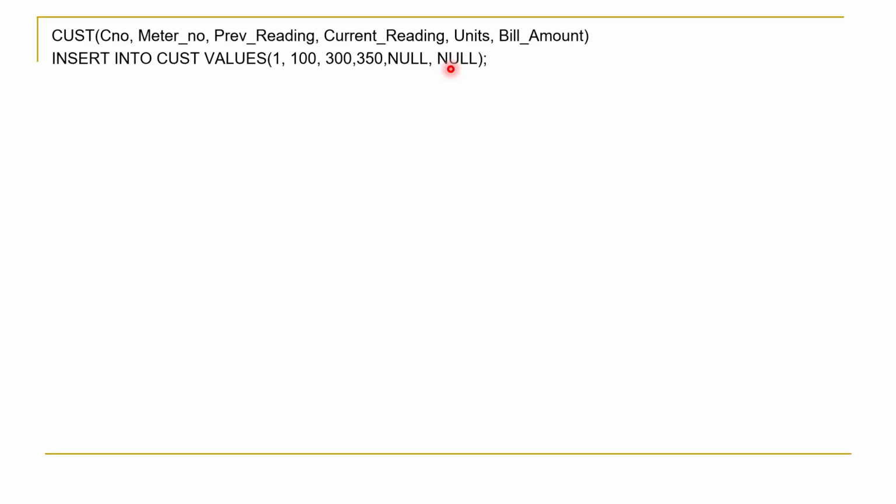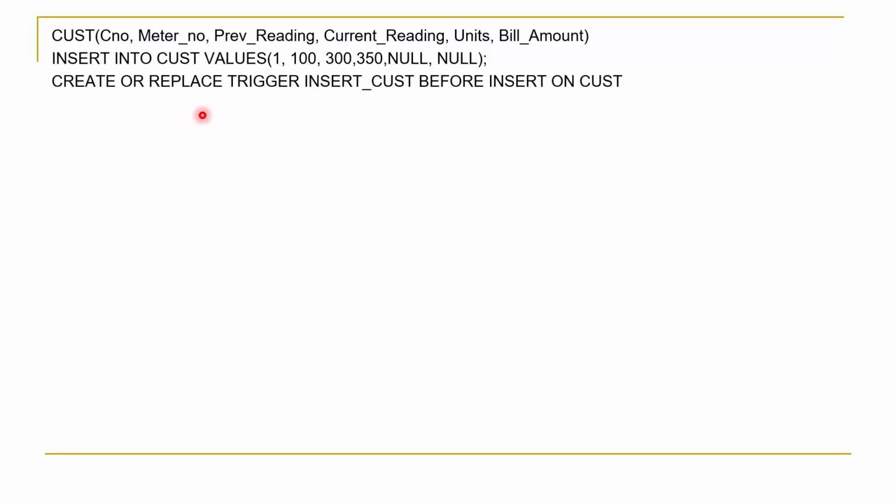Now let us write the code of this trigger. So it will be create or replace trigger insert_cust before insert on cust table. So here the name of the trigger is insert_cust, the timing is before, the event is insert on, and the table name is cust.